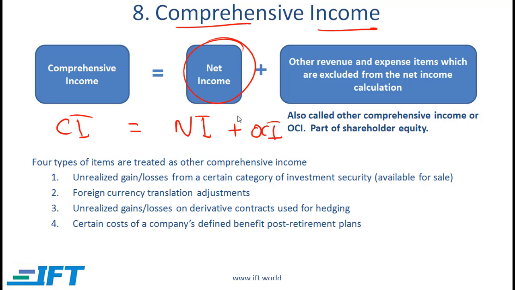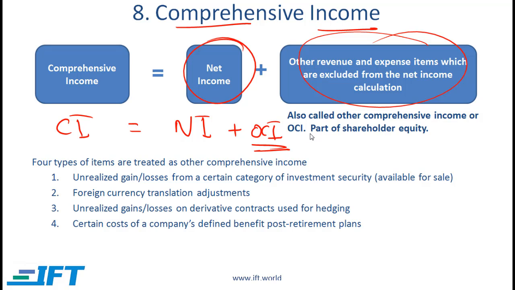Net income is what you show on the income statement. It's the revenue minus expenses, which are reported on the income statement. And then there are other revenue and expense items which are excluded from the net income calculation. That impact is captured in something called other comprehensive income, which is a part of equity.